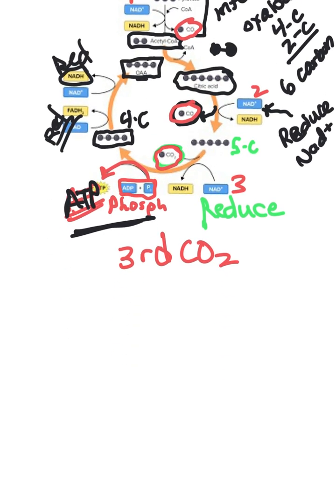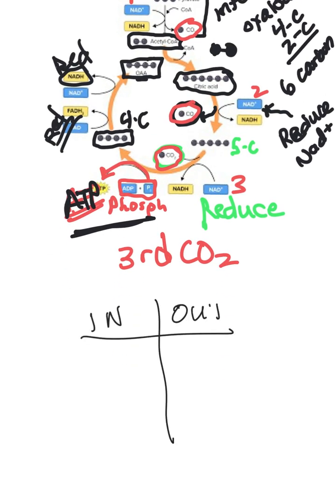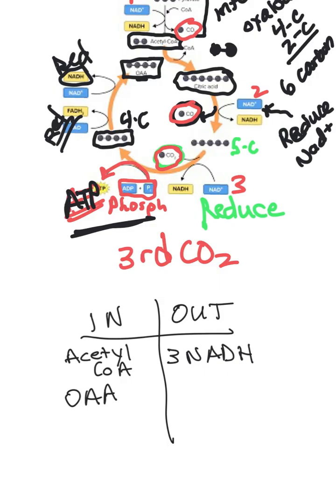We can go through our ins and outs here like we always do. So here, let's look at what we have coming in. I'm not going to do the intermediate step. Let's just do the cycle. What we have coming in is acetyl-CoA. That's going to join with oxaloacetate. And from that, we're going to get, let's see, how many NADHs? 1, 2, 3 NAD pluses will be reduced to NADH.